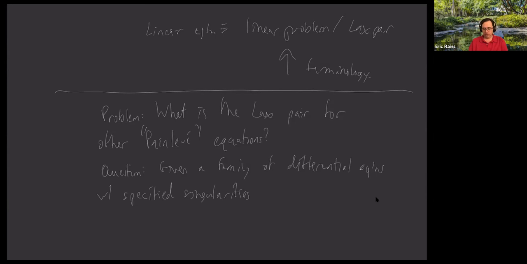So given a family of differential equations with specified singularities, the first question is, when is the equation unique? Remember the hypergeometric equation was uniquely determined by having those three singularities. So when is that the case? For what systems of singularities with specified exponents, or more complicated for non-Fuchsian, is the equation uniquely determined?